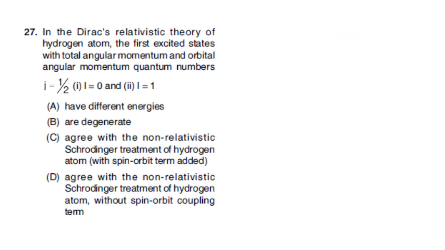In the Dirac's relativistic theory of hydrogen atom, consider the first excited states with total angular momentum and orbital angular momentum quantum numbers J is equal to half, 1, L is equal to 0 and L is equal to 1. From Dirac's relativistic theory, the energy E is given by E is equal to mc square 1 minus gamma square divided by 2n square minus gamma raised to 4 divided by 2n raised to 4 n divided by k minus 3 by 4.